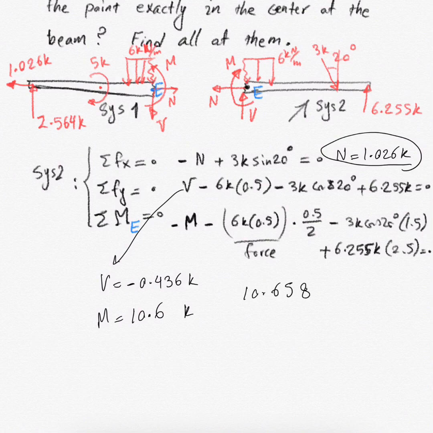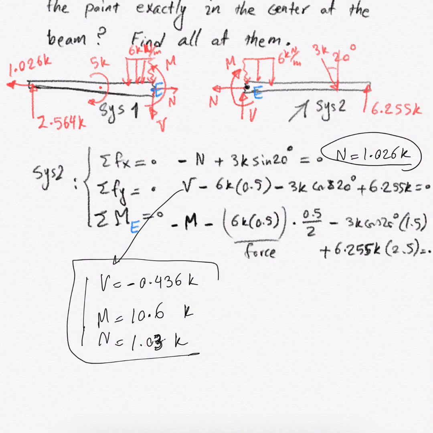So you put 10.6, and N was 1.02. You can put 1.03K to round that value up. So you have 3 components. The answer to the question is you have 3 components at point A, and those values are given here.